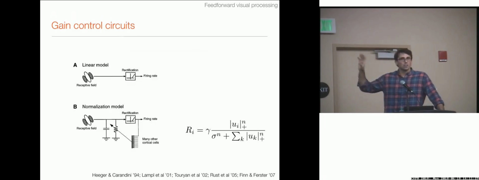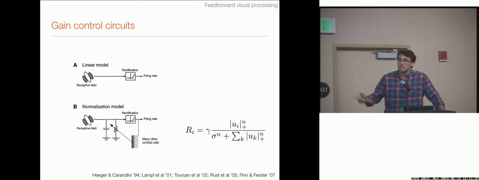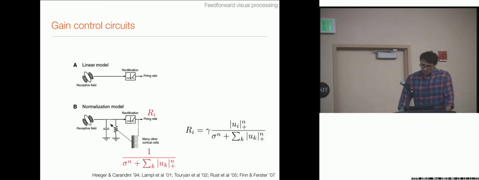There's a long, long history of normalization models in both visual psychology and neuroscience, going all the way back to Stephen Grossberg in the 60s and 70s, and Mingolla in the 80s. But more recently popularized by David Heeger and Matteo Carandini in the mid-90s with their divisive normalization model. And the way this model works is pretty straightforward.